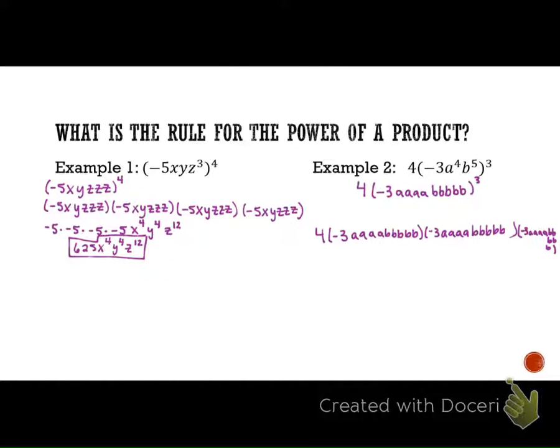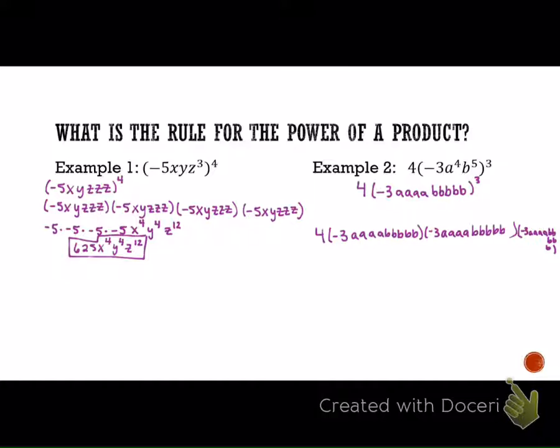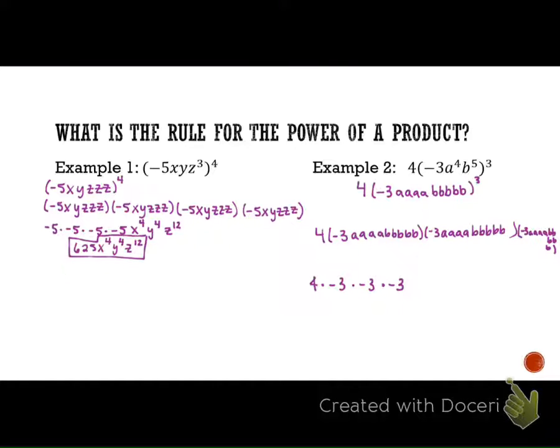So what are we going to do with the numbers? What are we going to do with those integer numbers? Just multiply them. So we'll do 4 times negative 3 times negative 3 times negative 3. How many a's do I have total? 12.